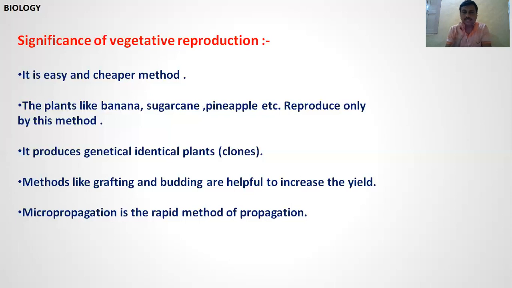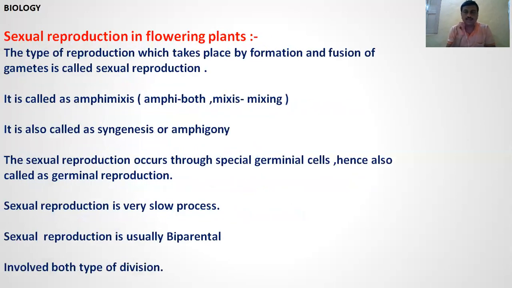Then the next slide and next point, sexual reproduction in flowering plants. First we saw asexual reproduction in plants, and now we see sexual reproduction in flowering plants.